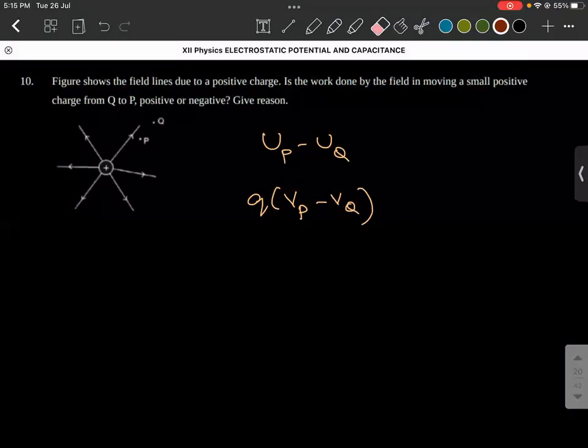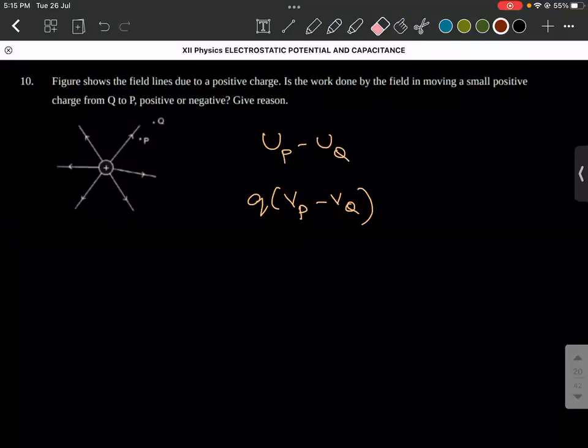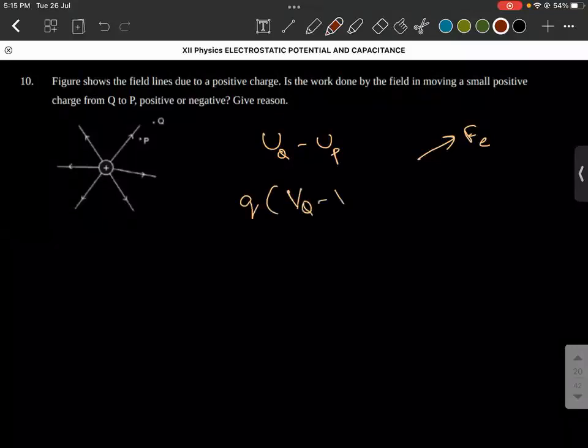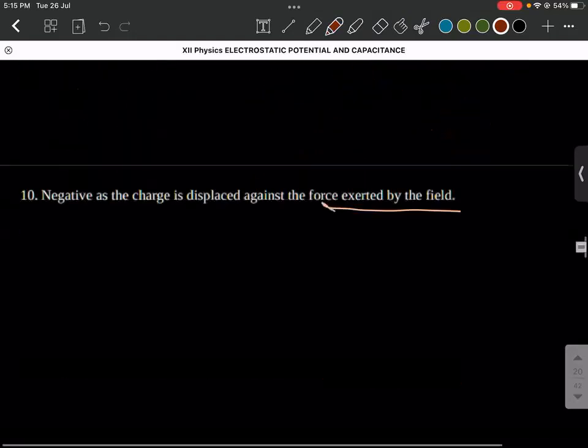Due to a positive charge, is work done by the field in moving a small negative charge from Q to P? So work done by the field. So electrostatic force is in this direction. So it should actually be UQ minus UP. I'm sorry. So when you write this, Q into VQ minus VP should give you a negative value.